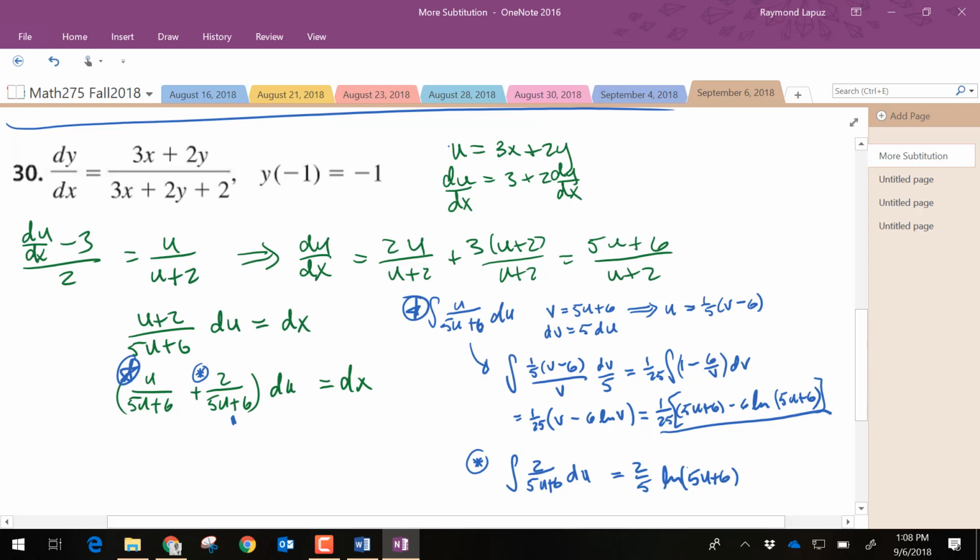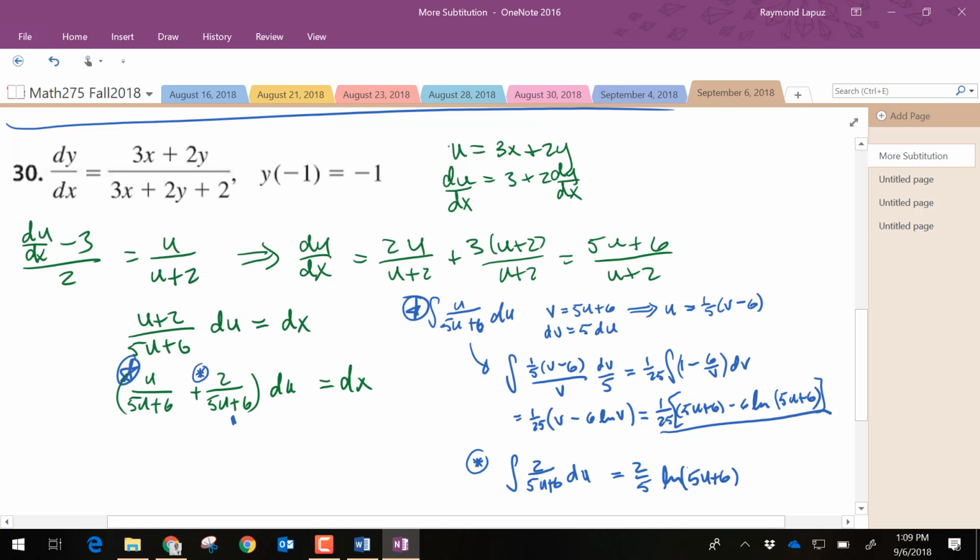Right? So if any of these integrals are kind of weird for you, then you should really look over it, practice it, do it again, from start to finish, because you need to be able to integrate in this class, right?